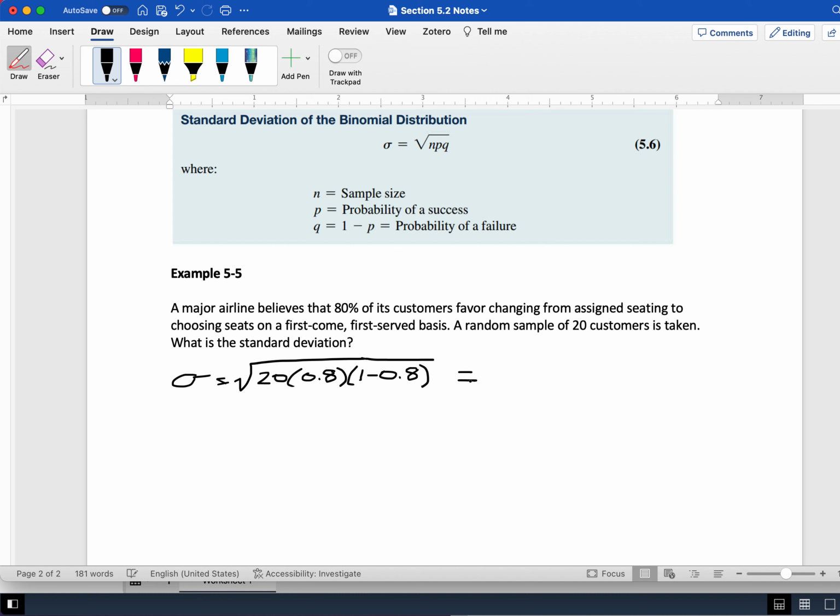But either way, when I type this in, I should get 1.7889. And again, pay attention when you're doing the homework problems to how you should round this number. And that's how you calculate probability, expected value, and standard deviation for a binomial distribution.